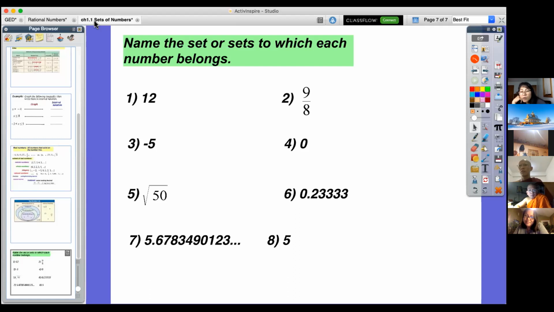Why is it not a prime number? 33 is not a prime, but why? Because you can divide 33 by what?